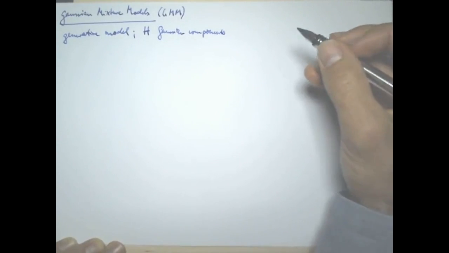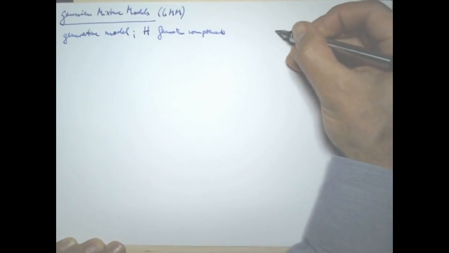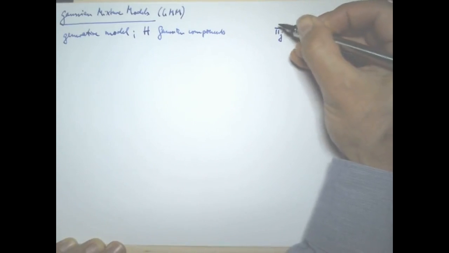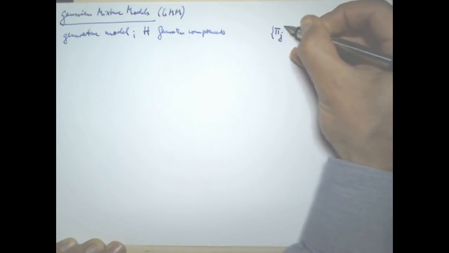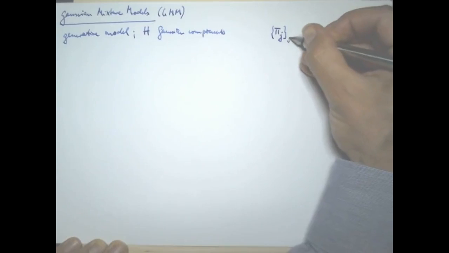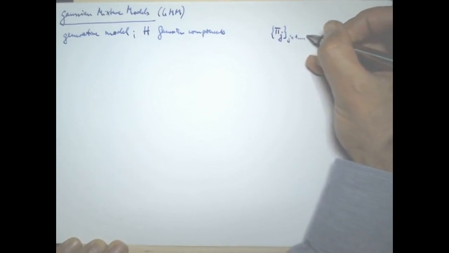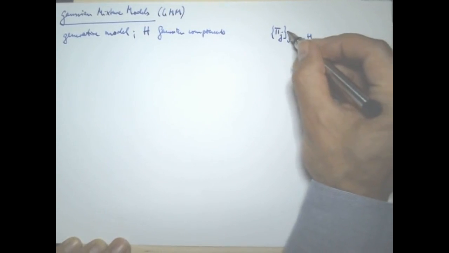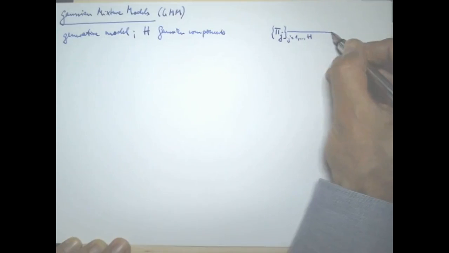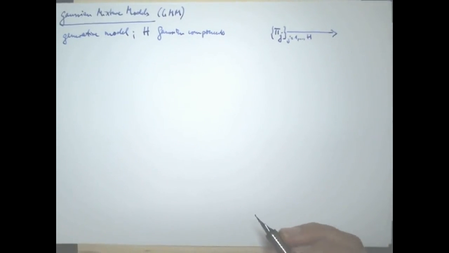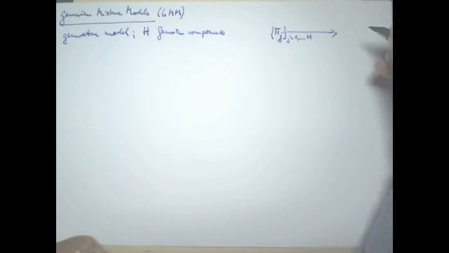and graphical model notation would be as follows. So we have a vector of probabilities pi_j, where j goes from 1 to h, and using this probability we randomly select a component.